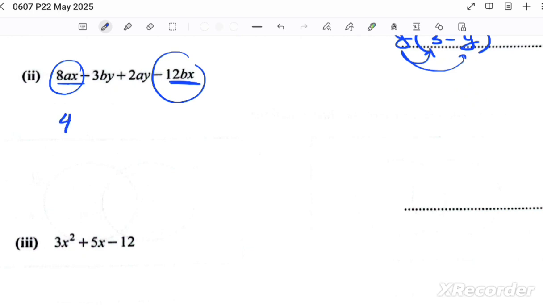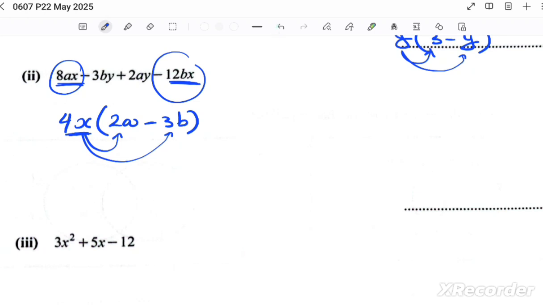And you have there x and x, so you can take x. So now what will remain inside? So it will be 2a. How about there? It will be -3b. If you want double check, 4x times 2a, it's 8ax. 4x times -3b, it's -12bx.